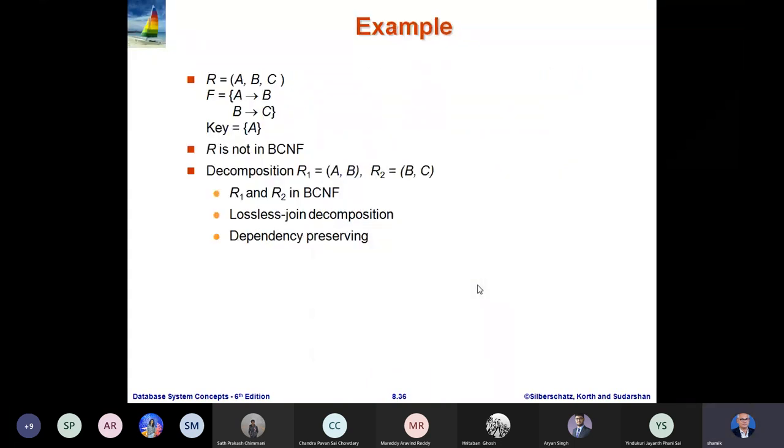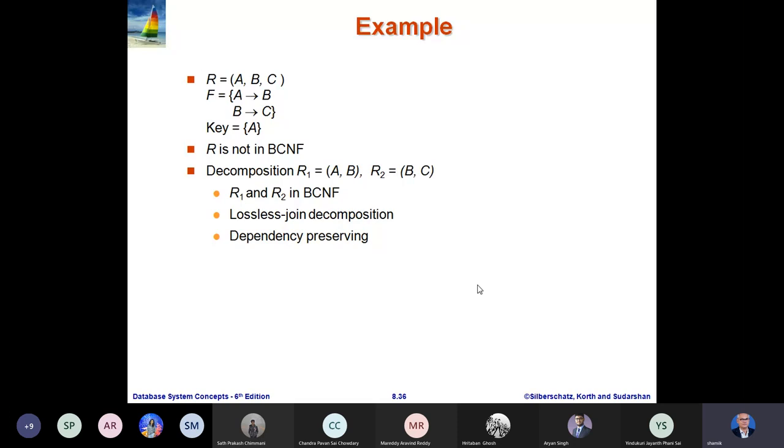So let us take one more example. We have R equal to ABC and F is A to B, B to C. You can see very simply that because I have A to B and B to C, A to C also holds.